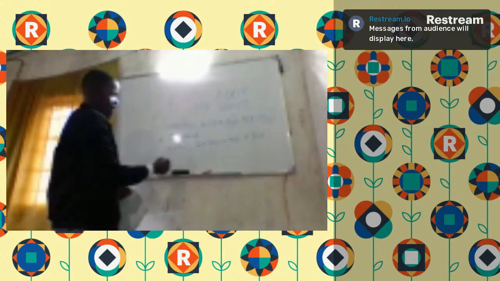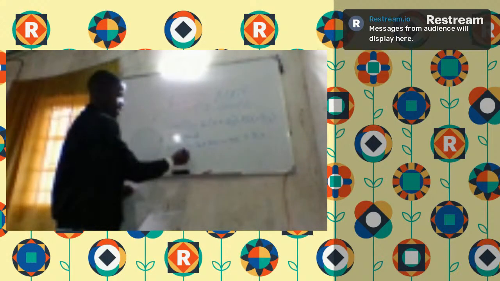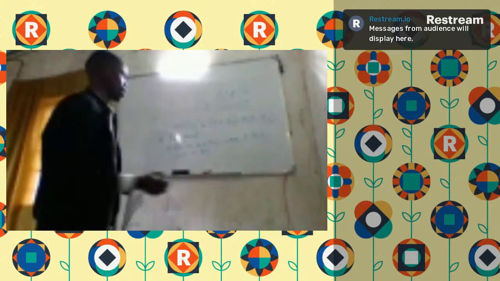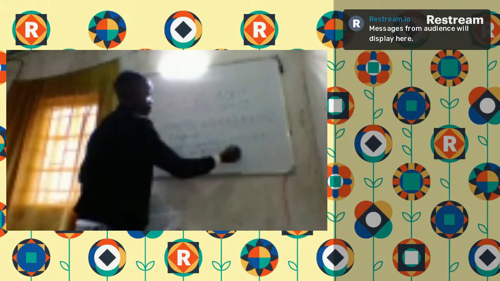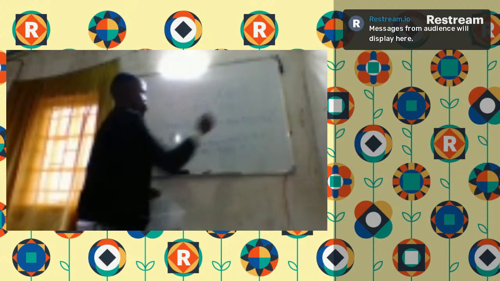So we start multiplying: 4 multiplied by x plus 4 multiplied by 2y.